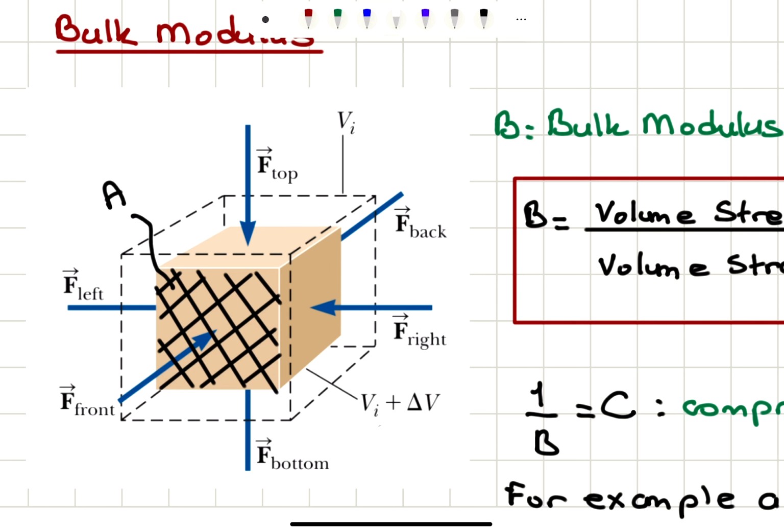Then we can say that if we increase the pressure, for example, if we increase the amount of gas in the room, or if we put it into vacuum, we decrease the pressure, we may see a deformation in the shape of this object. So the initial volume of the object can be increased or decreased by an amount delta V.